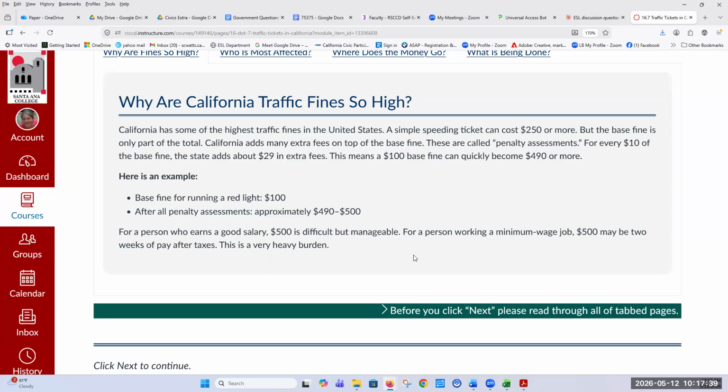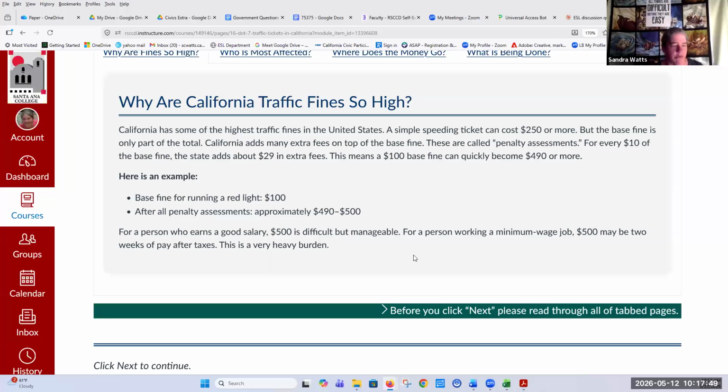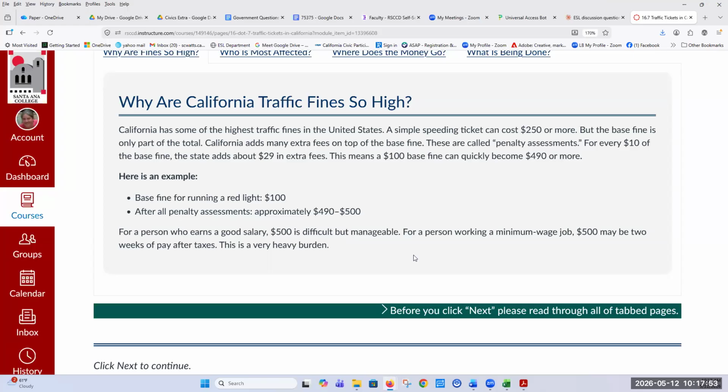For a person who earns a good salary, 500 is difficult but manageable. But it's not manageable for a person working a minimum wage job. 500 is maybe 2 weeks of pay after taxes. This is a very heavy burden.